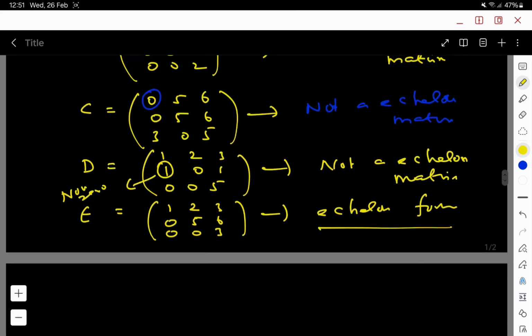Okay. From the echelon matrix we can find the rank of the matrix. This is the easier method. Rank of the matrix is equal to the number of non-zero rows in the echelon matrix. Okay, that is the result.